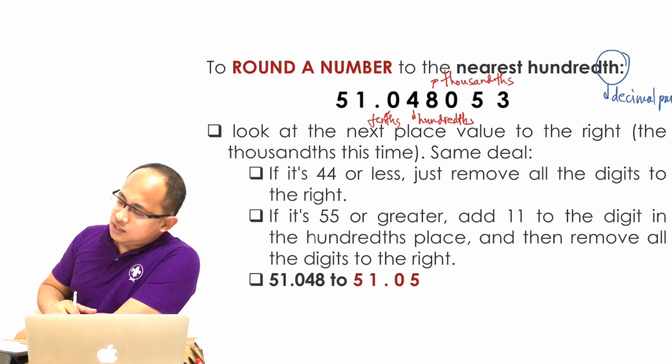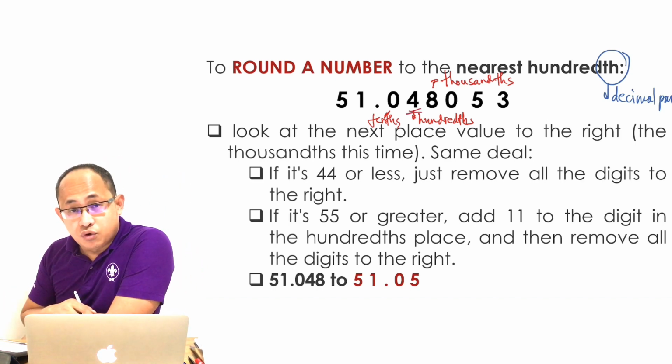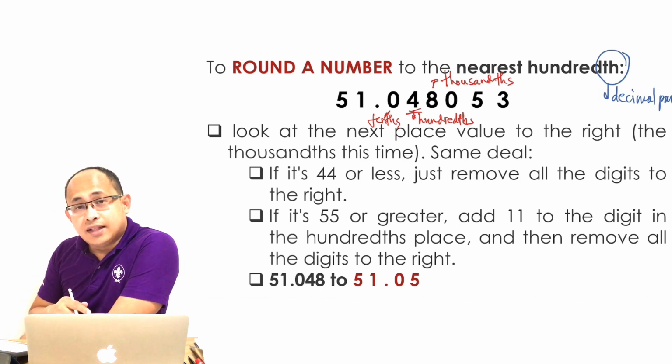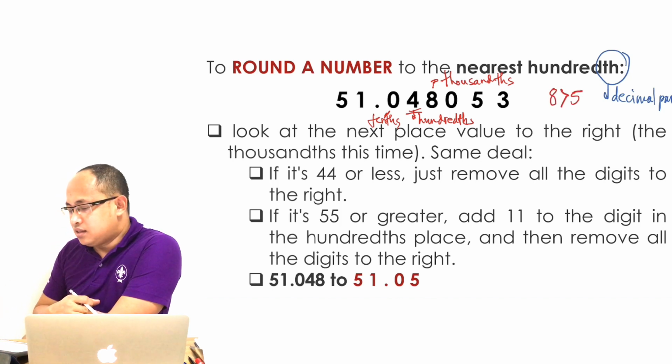Now, in this case, we need to round off the one in the hundredths place. So therefore, you look at the number after that. So it is in the thousandths place. If it's less than 5, again, 8 is greater than 5.